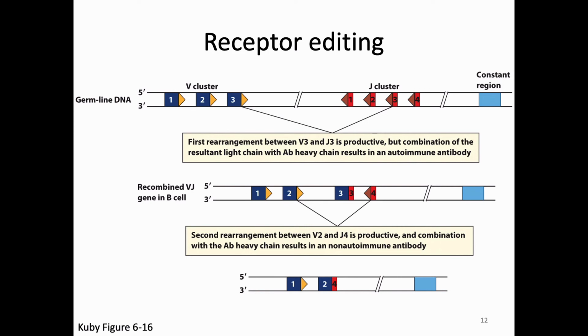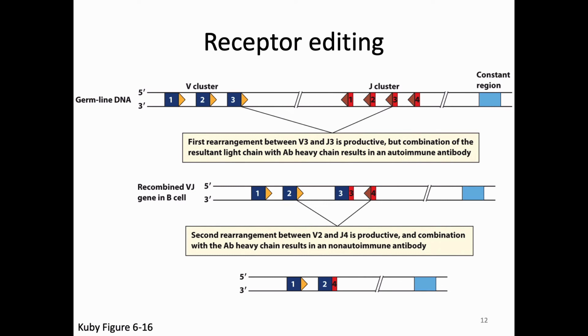If this B cell is self-reactive, it can actually undergo VJ rearrangement again. And it can use a more outside V and a more outside J. So now it can choose V2 and J4, for example, and just cut out this autoreactive thing in the middle and try another combo. This is only possible because those other pieces of DNA outside were still present.